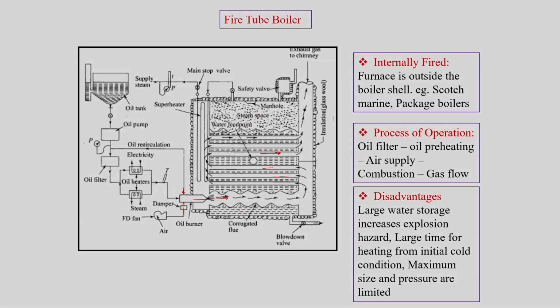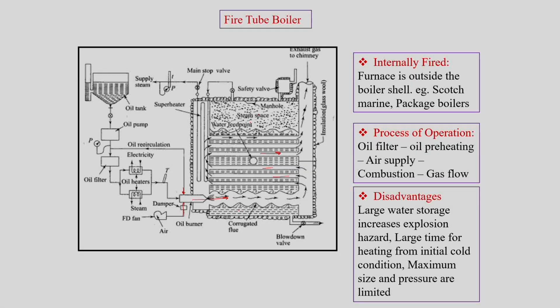But among the disadvantages of the fire tube boiler, practically we would need a very large amount of water storage, and since we need a large amount of water storage at very high pressure, we would need a large amount of time for initially getting the water to the desired temperature.